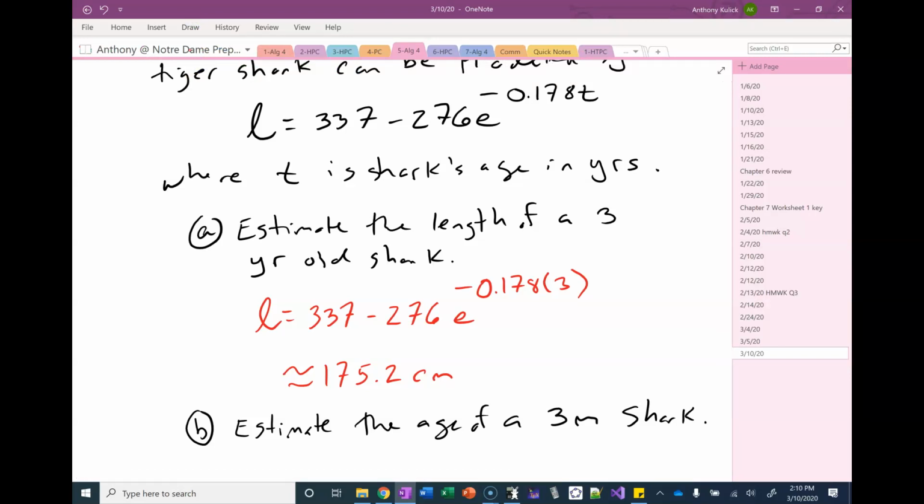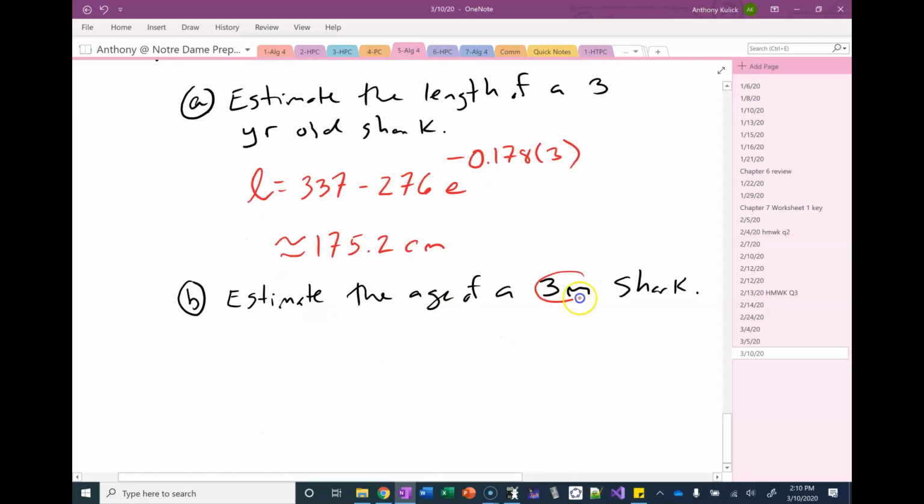T, because we want the age of the shark, that's a time. So to solve for T, we need to have a value for L. L is length in centimeters. So what value of L should we plug in here? Like 300. 300, yes. I was saying 337.